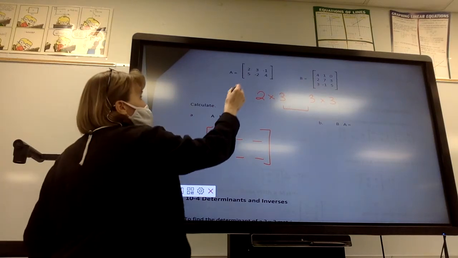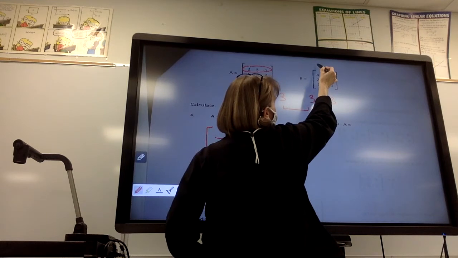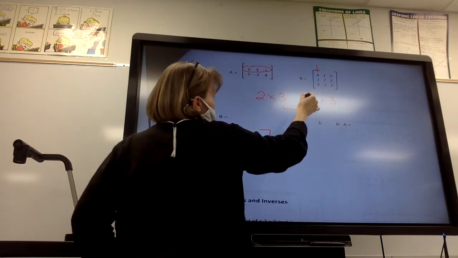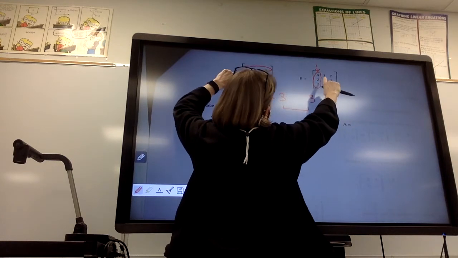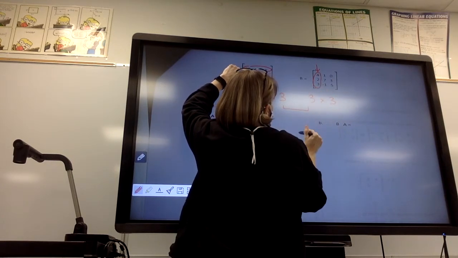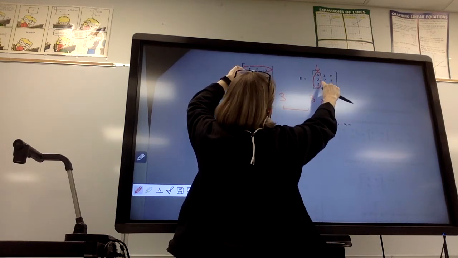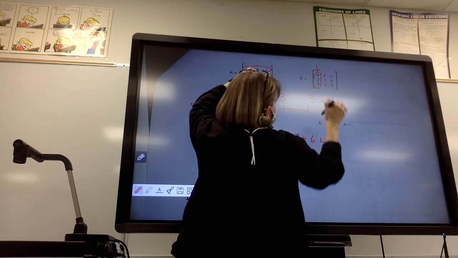Okay, so we're going to start with the first row, and we're going to take it times the first column, going up and down. And you're going to add these together. So what's 2 times 4? 8, plus 6. You're going to take 3 times 2, plus negative 1 times 3, which is -3.